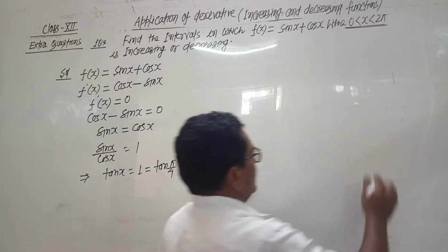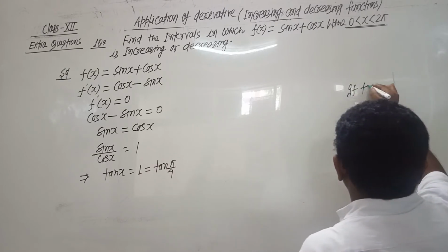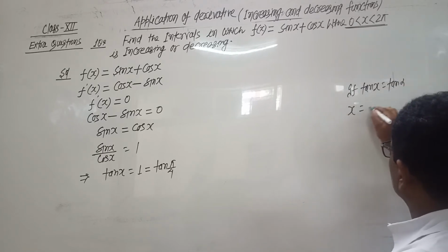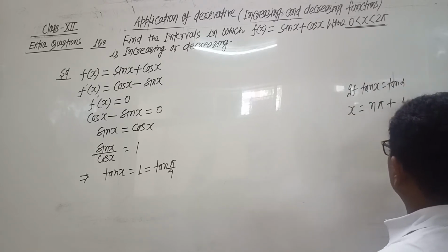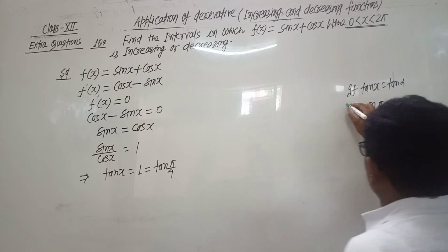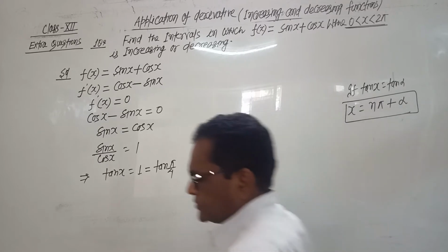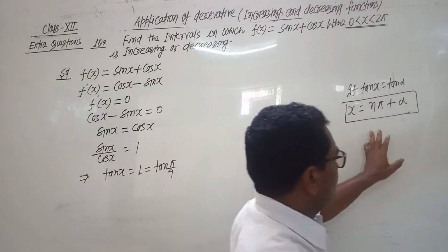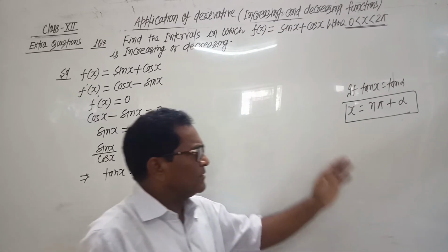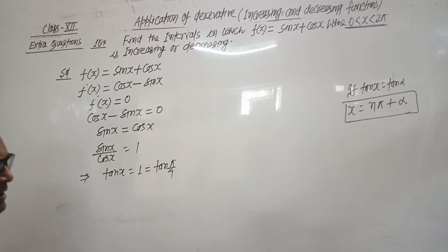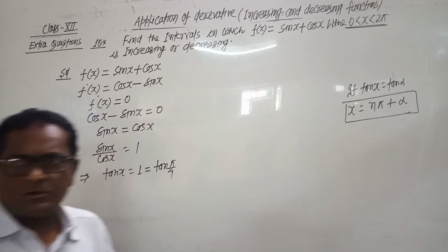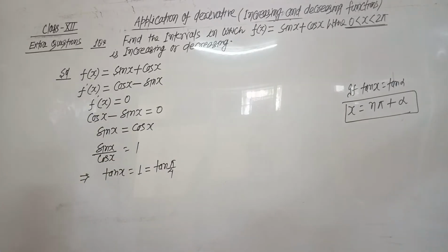There is a formula from trigonometric equations in class 11: if tan x equals tan alpha, then the general solution is written as x equals n pi plus alpha.